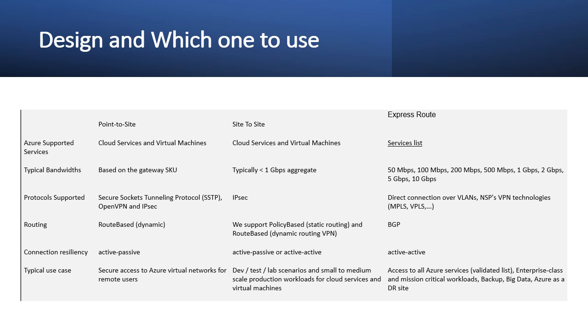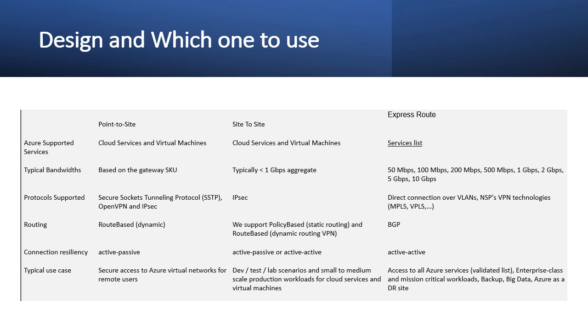So how to design them and which one to choose for what purpose? We have three different types. In VPN gateway we have two, and one is ExpressRoute, as we saw earlier. Point to site is when you want to secure your Azure network for your remote users.